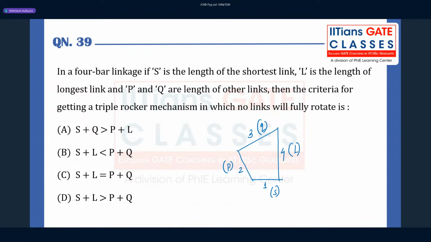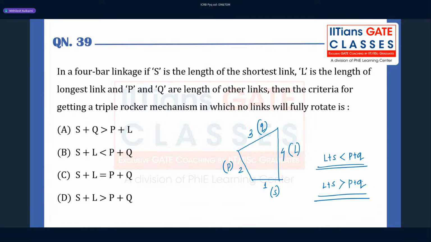In this kind of mechanism, we know the Grashof law says that a 4-bar linkage has at least one revolving link if the length of the largest plus the shortest is less than the other two. And this we can also call a class 1 type of mechanism. However, if the length of the shortest and longest is greater than the other two, then we cannot have the possibility of a link which can fully rotate.